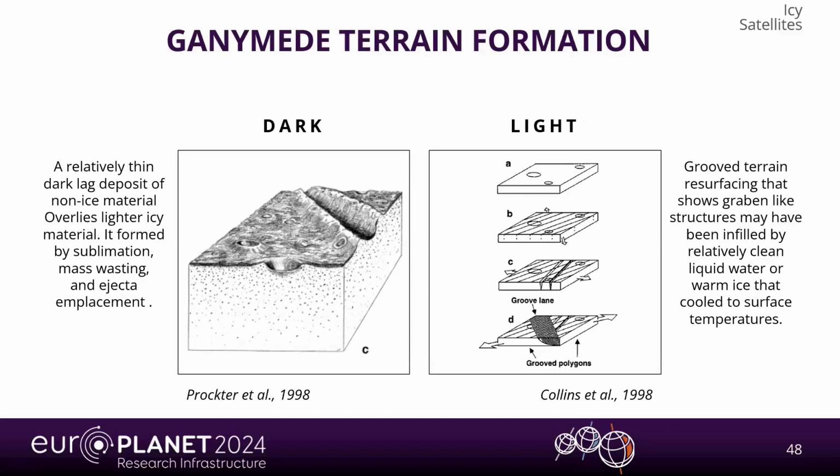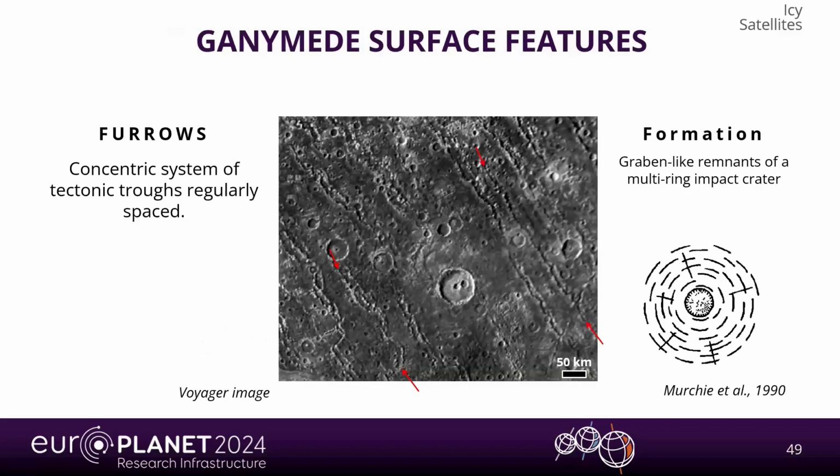So both terrains show surface features that are related to deformation and tectonic activity or impact cratering. The dark terrain is mostly characterized by structures called furrows.